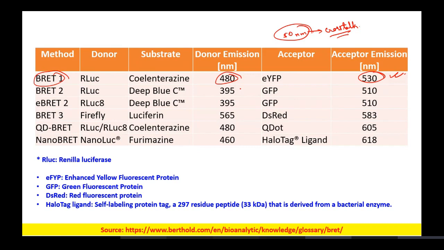However, from BRET 2 onwards, 395 and 510, there is a long gap between the wavelengths of the donor emission and the acceptor emission. Similarly in eBRET 2 also, the same thing. Then again in BRET 3, where we use the firefly luciferase enzyme and the luciferin substrate, 565 is the donor emission and the acceptor emission is 583.